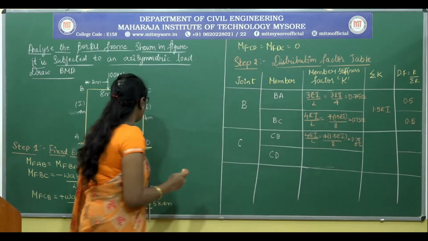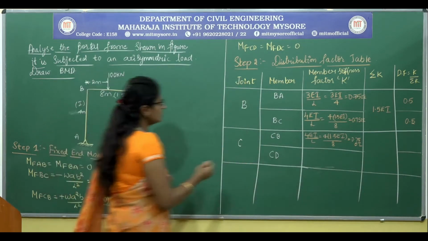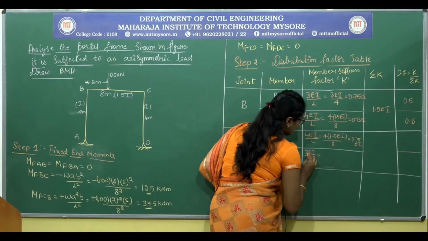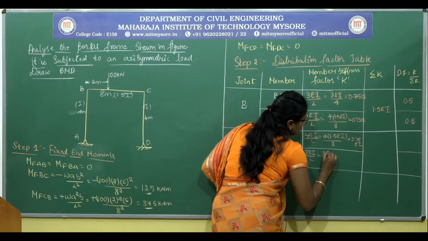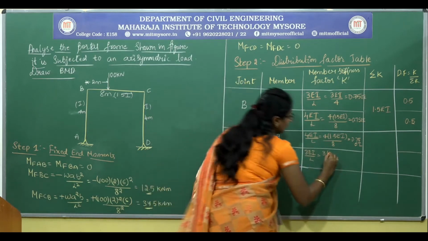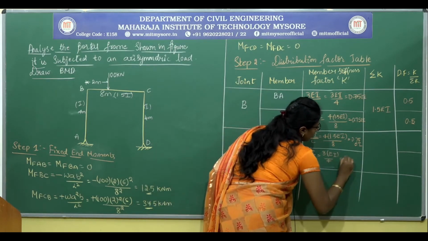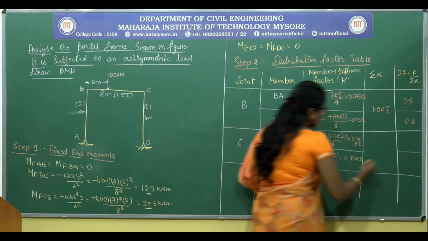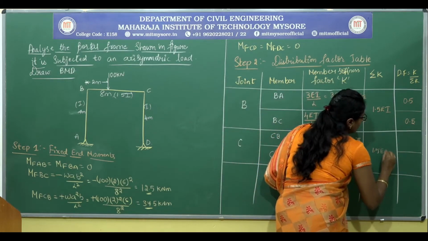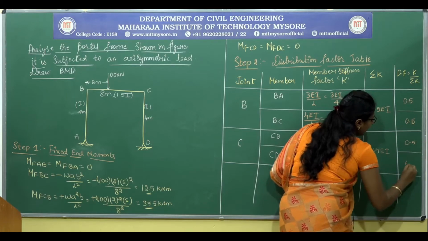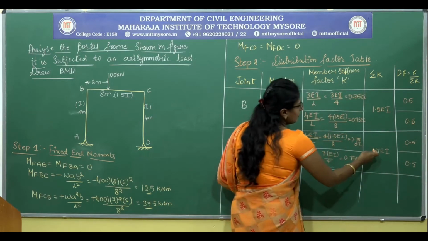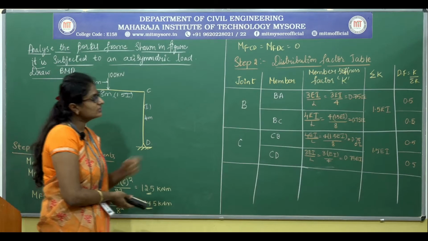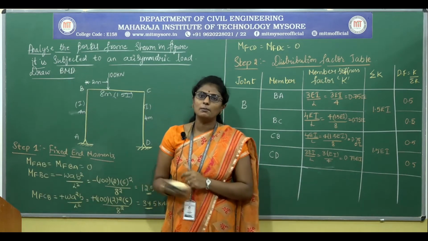Then for CD, C is the near end, D is the far end. Since the far end is hinged, we take it as 3 EI by L, that is 3 into EI, which is again 1, divided by 4, which will give you 0.75 EI. So even here, 0.75 plus 0.75 gives you 1.5 EI, and the distribution factors are 0.75 EI divided by 1.5 EI, which is 0.5 and 0.5. So this is the value of the distribution factor for all the members.